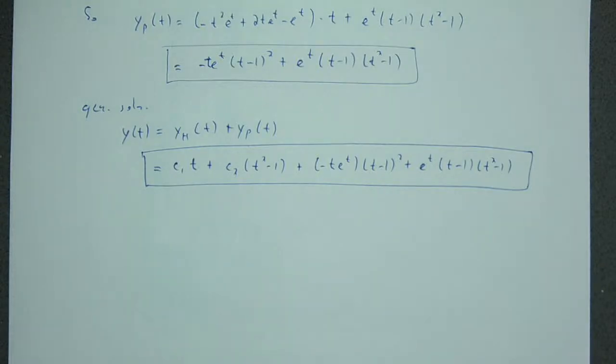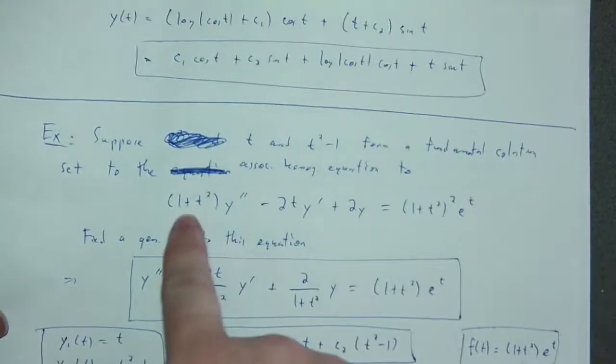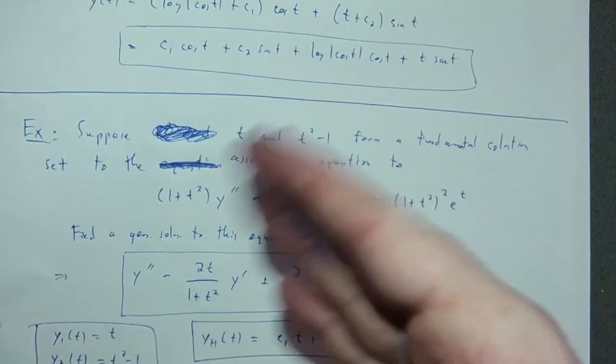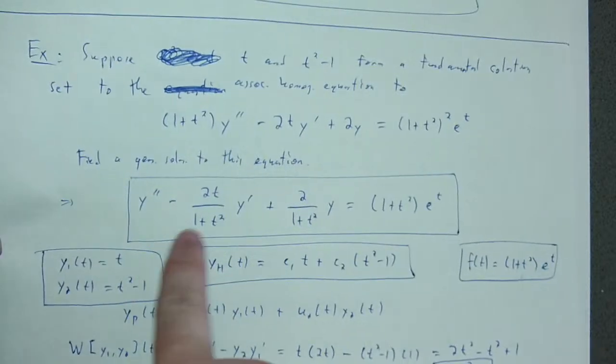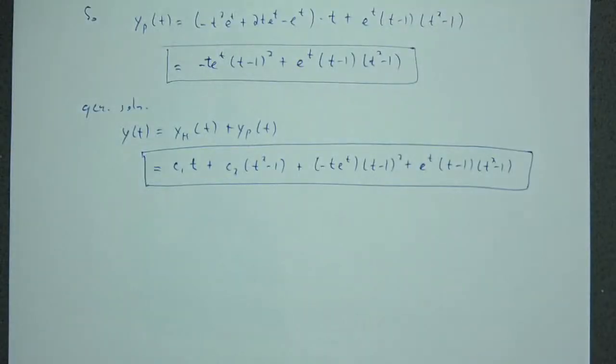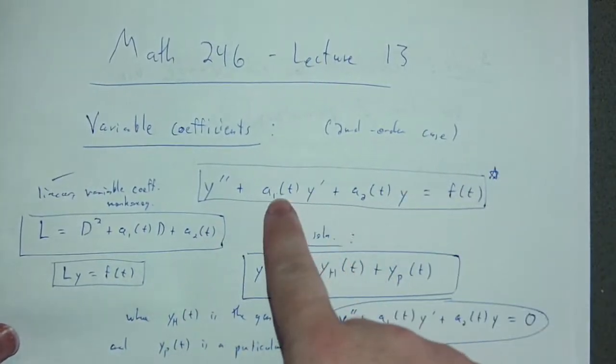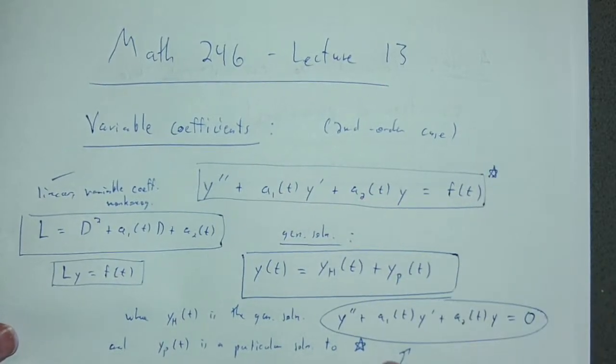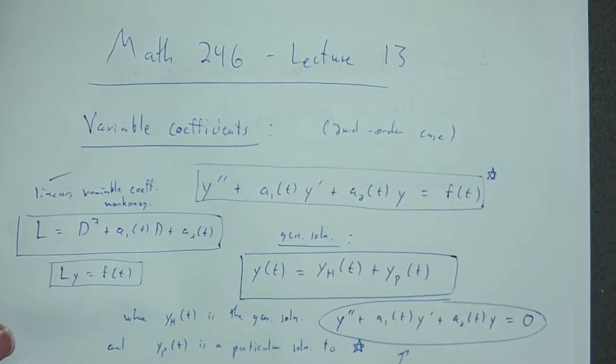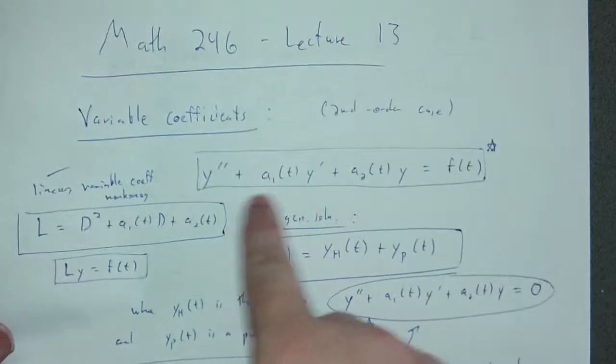Now, as I just showed, when you have an equation with variable coefficients in this form, it's not sufficient to just start going. You have to put it into this normal form, because I'm assuming in this whole process that the equation looks like this. So even though the a1 of t and a2 of t do not directly show up in the solution formula, it is important that it be in this form.